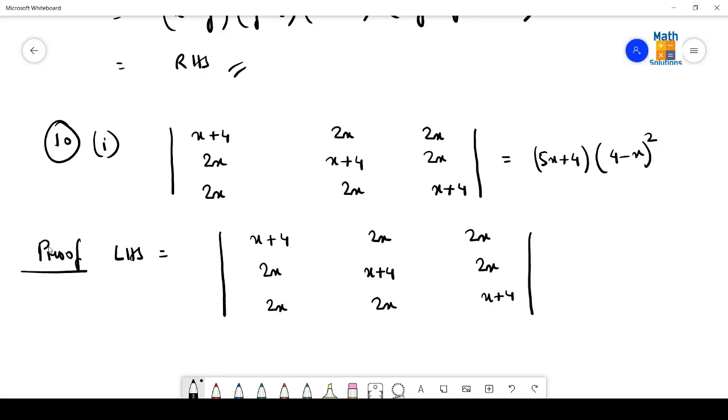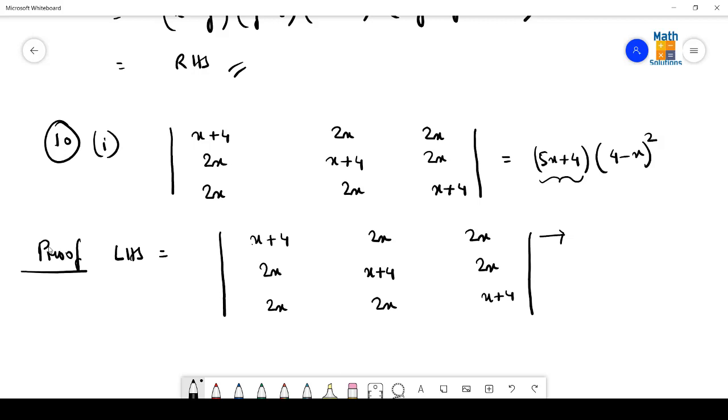Now our basic requirement is this one, 5x plus 4 we should get. In what way can we get? Suppose I want to replace R1 by R1 plus R2 plus R3, then if we sum up all these 3 rows along the first row only, we should get twice x plus twice x plus x.